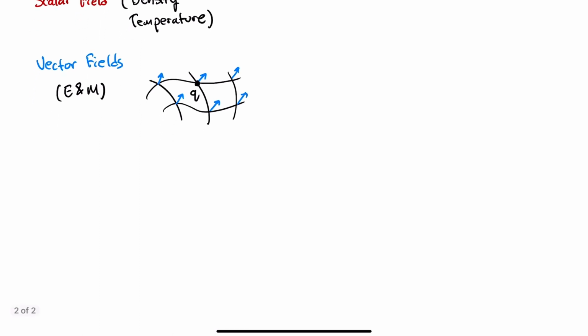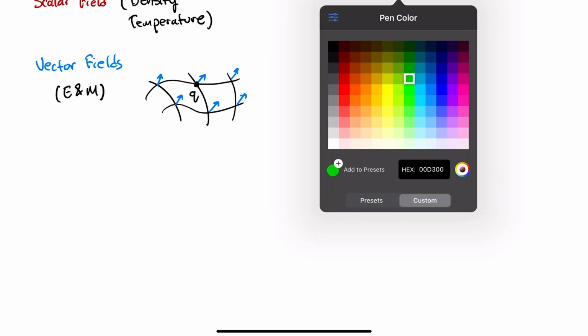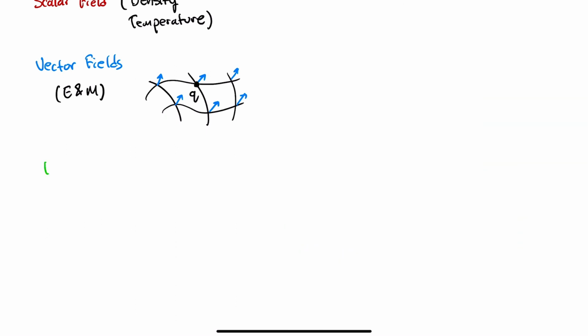Are there any other mathematical objects? There are actually. We can consider tensor fields. I'll do tensor fields in green. What does our tensor field look like? Here's our field, and we have tensors at each point in space.